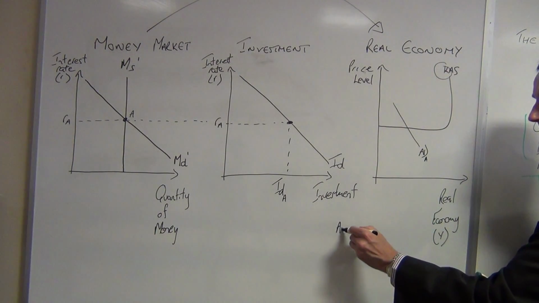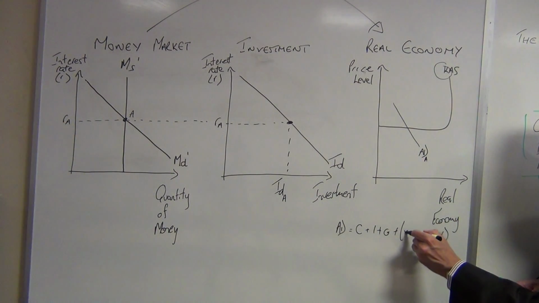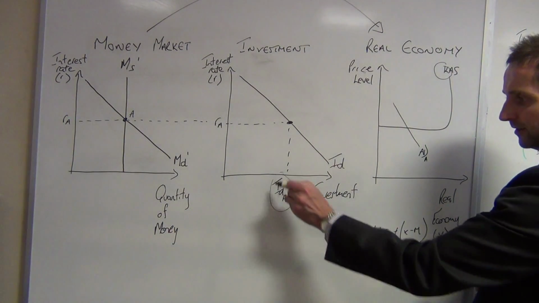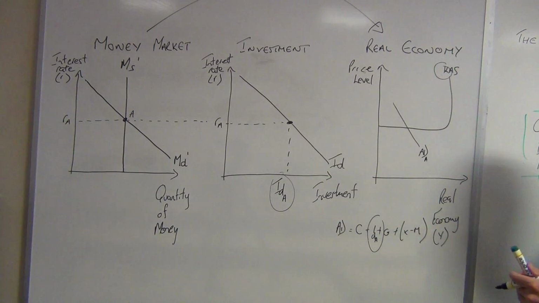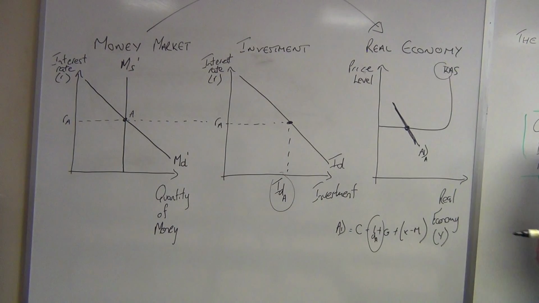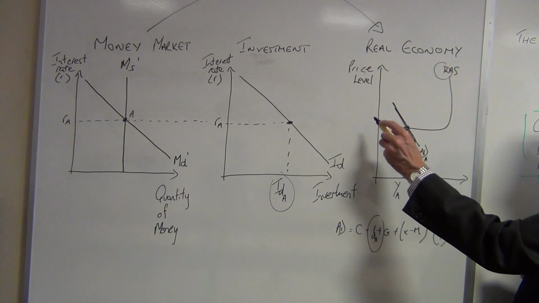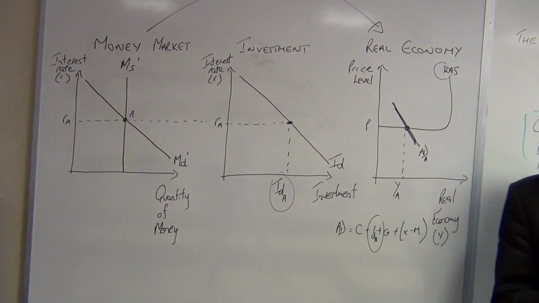Now you'll remember that AD is equal to C plus I plus G plus X minus M. And so I'm simply assuming that this level of investment IDA is within this aggregate demand equation, and I'm saying that this is where it lies. Now you can start it off wherever you like really, it won't make that much difference to your analysis. And so we can say that that yields a level of real output YA and a price of P. So that's our starting point. This is our starting point, ladies and gentlemen.